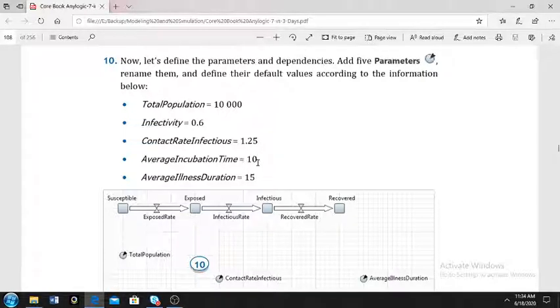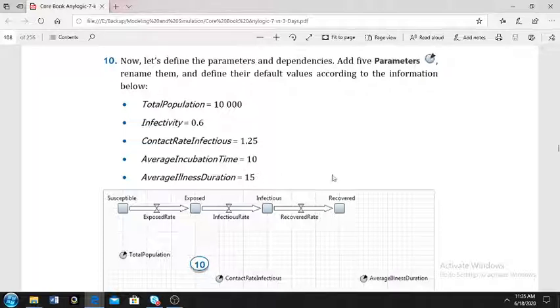The latent time is 10 days, and then the infectious time, the time you can live with the disease.